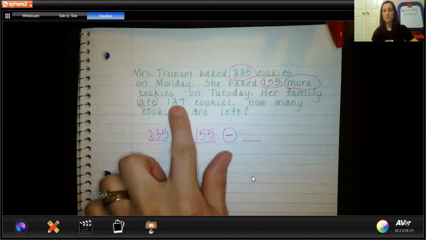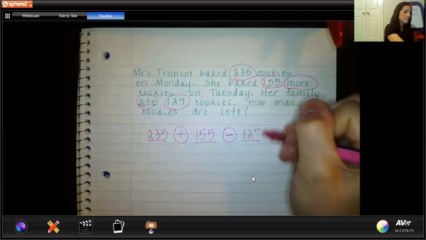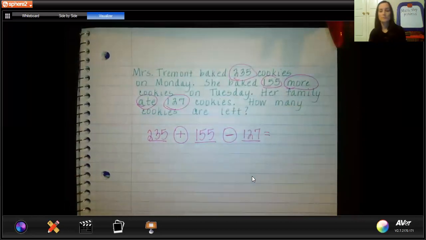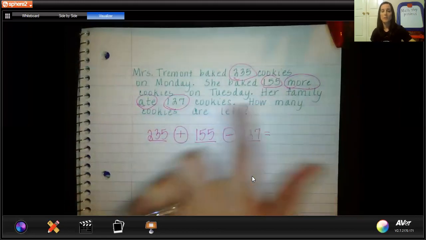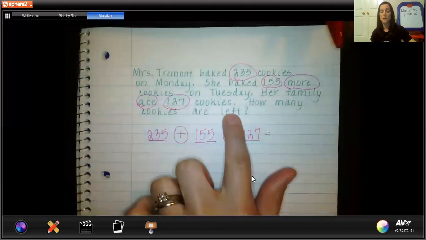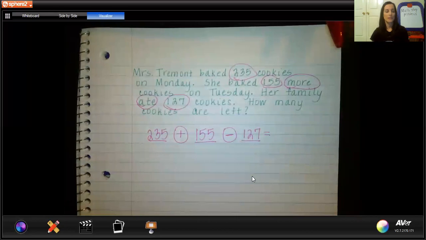And how many am I going to subtract is 127. Okay, so that is my number sentence so far. So how many cookies were left is another clue that we are subtracting at that second point, okay? So we're adding and then subtracting.